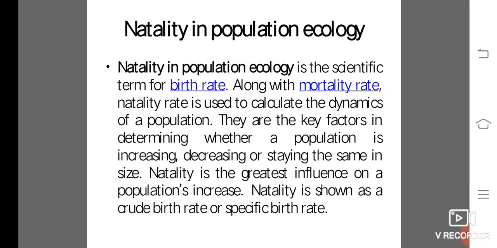Crude birth rate is used when calculating population size, which means number of births per thousand population per year, whereas specific birth rate is used relative to a specific criterion such as age. By calculating specific birth rate, the results are seen as an age-specific schedule of births.